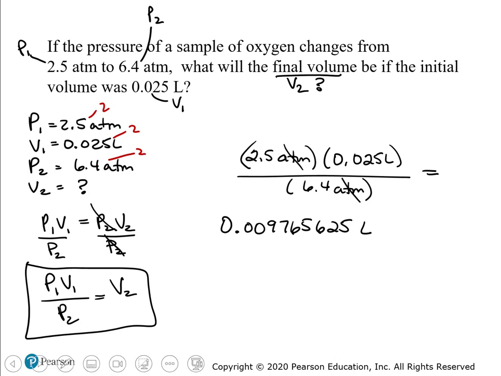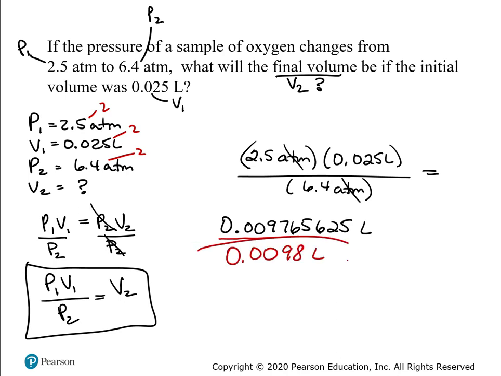So I'm going to keep these zeros, but the 9 and the 7 are the first 2 significant figures I get to in my answer. The next is a 6, so what will that do? That'll round it up. So it will be 0.0098 liters. I use the least number of significant figures in my problem, and in this one all my values have 2 significant figures, so we just have 2.